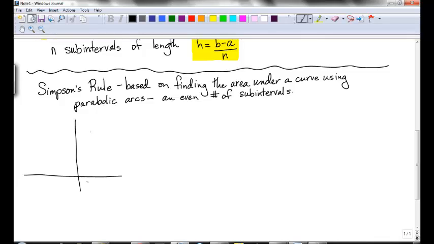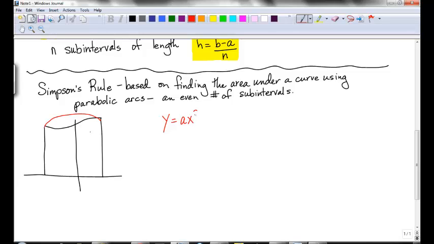Just give me a curve, from here to here. Go down. And we're actually going to estimate the area underneath a parabolic arc. So we're going to go and estimate. I didn't draw that very well. What is the main formula for a parabola? Algebra 2.